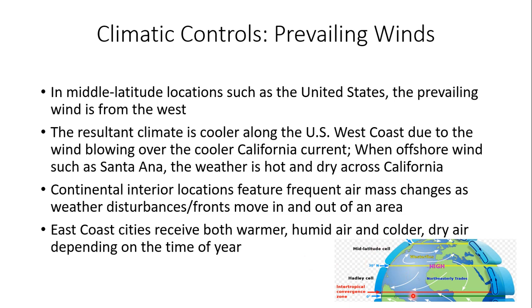Here's an example of the various cells that exist. The Hadley cell covers from 0 degrees latitude, the equator, to 30 degrees north latitude. We have a subtropical high situated at 30 degrees north latitude. We typically have rising air motion, showers and thunderstorms closer to the equator. These are associated where the southeast and northeast trade winds meet or converge. This is known as an intertropical convergence zone.